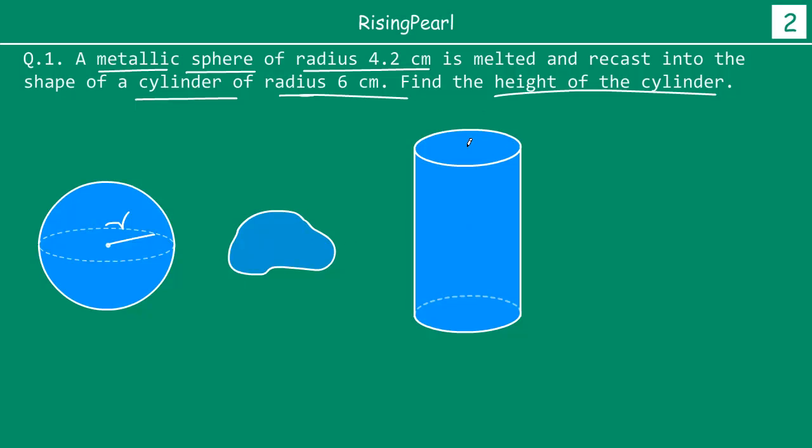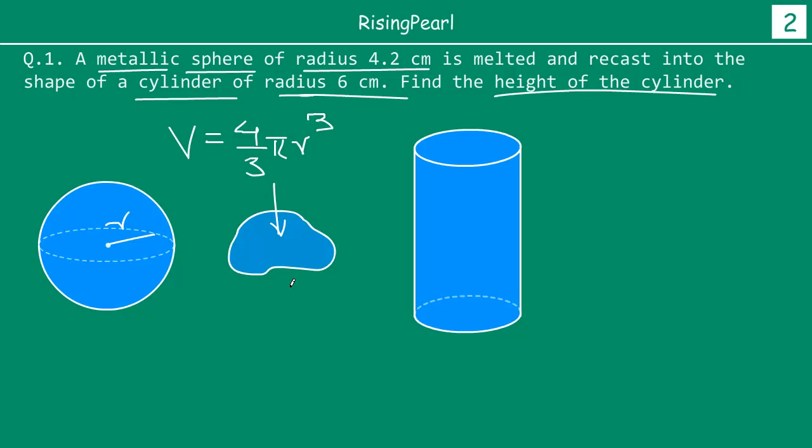What we know is that the amount of melted metal is equal to the volume of the sphere. If the radius is r, the volume of a sphere is 4 by 3 pi r cube. So if r is this radius, this entire amount is equal to 4 by 3 pi r cube. That is what this amount is.